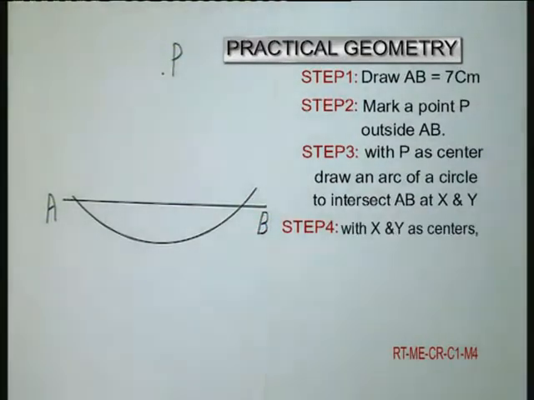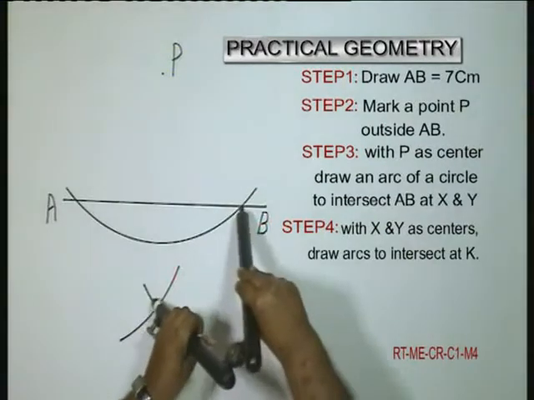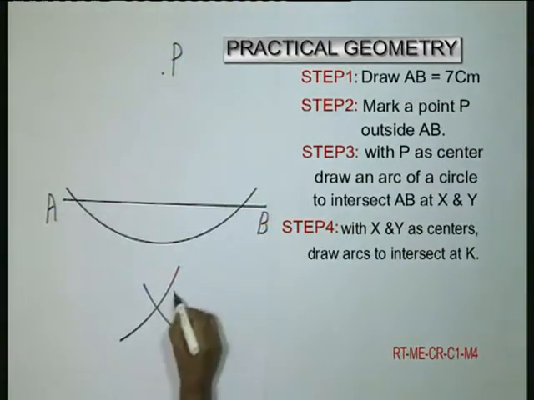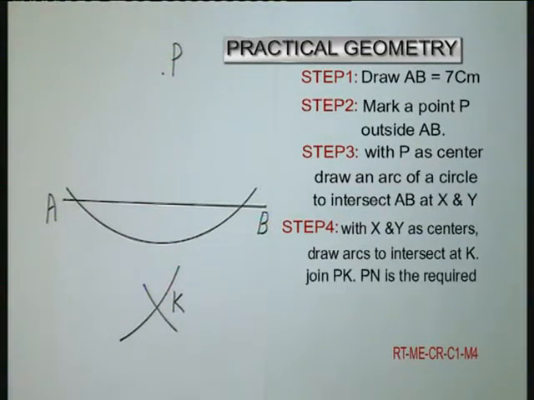With X and Y as centers and radius equal to more than half of XY, draw two arcs to intersect at K. Join PK.